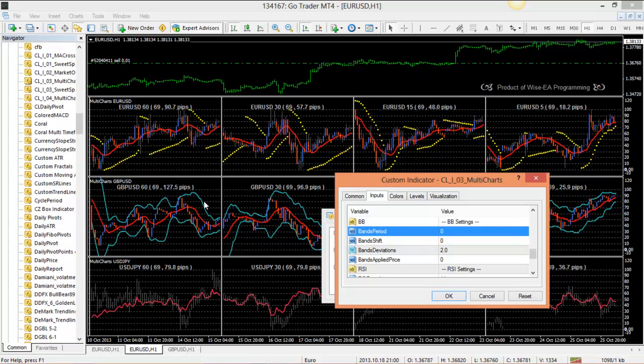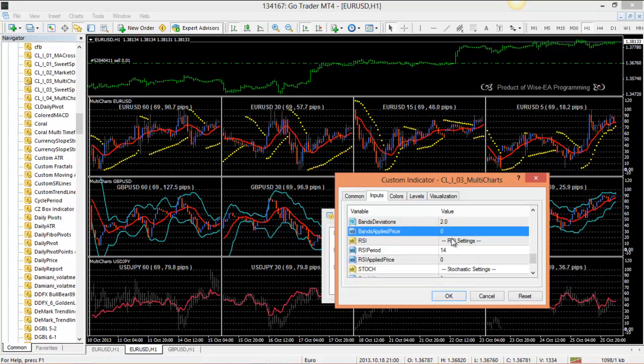So to get a look at what I'm showing here, you need to display Bollinger Bands as well as one of the moving averages, because the center of the Bollinger Band is a moving average to begin with. So that's how it's being displayed. For Bollinger Bands, we have band period, band shift, band deviation, and band applied price, and that determines these two Bollinger Band channels.